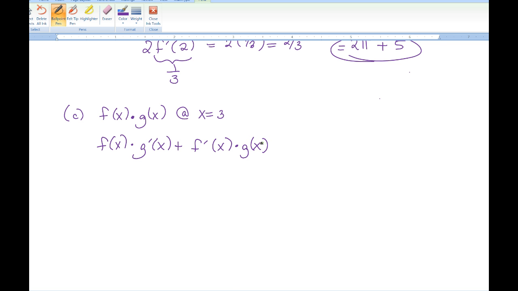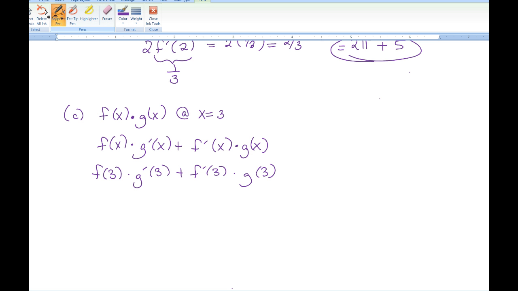Or switch them around, it doesn't matter. And then at 3, we want f of 3 times g of 3, plus f prime of 3 times g of 3. Wait, it's not g prime of 3, it's just g. Oh, sorry. You're right. g of 3.